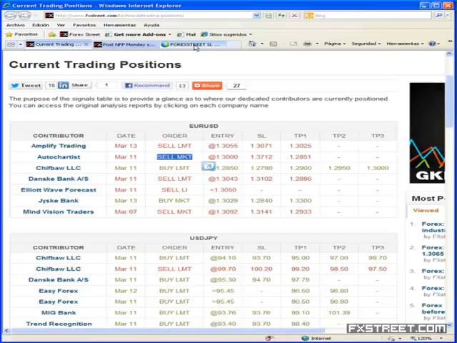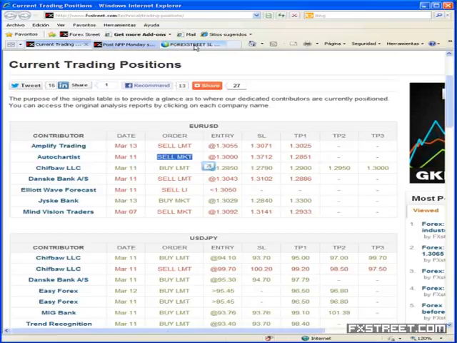That means if a certain position is not valid anymore because the type of order used makes it impossible to enter that market using that type of order, then the position will be removed automatically from the table.